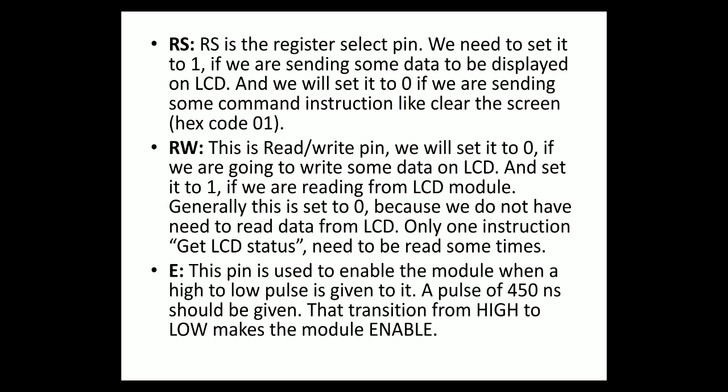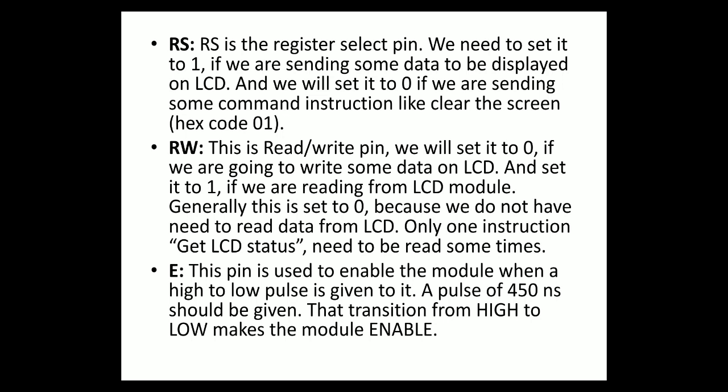Now the next one is called RW. This is called the read write pin. When we set it to 0, if your job is to write data on the LCD, this pin must be low. And if it is 1, it means you are reading from the LCD module.